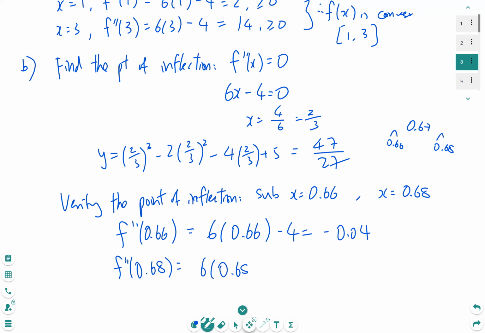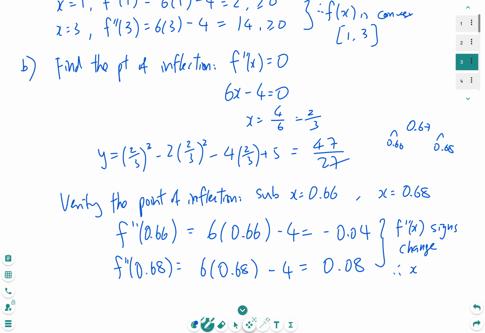And then the 0.68: 6 times 0.68 minus 4. Okay, 0.08. If you can't do mental maths like I do, I forgive you. You can use a calculator. But you can see the sign changes in here. The second derivative sign changes.